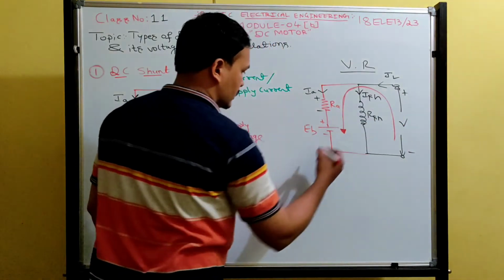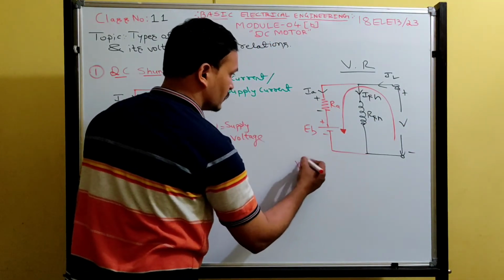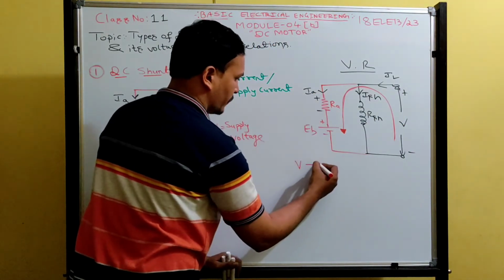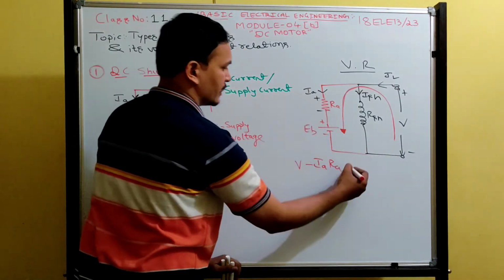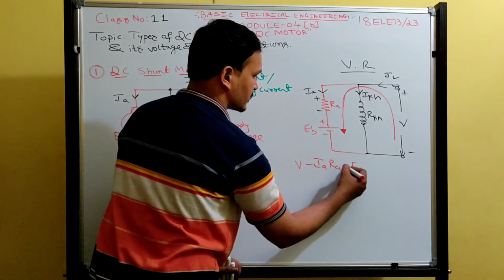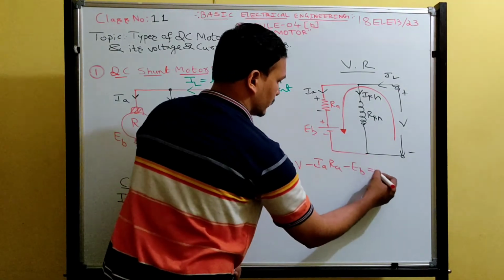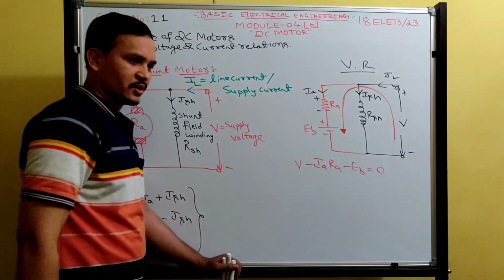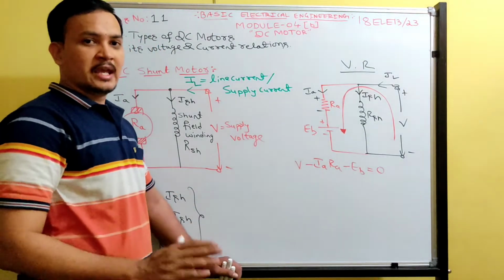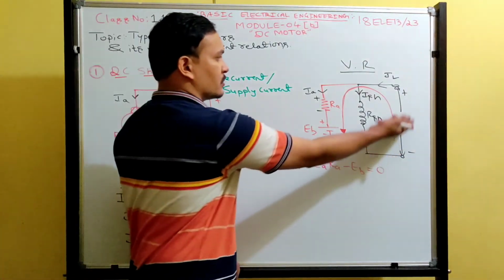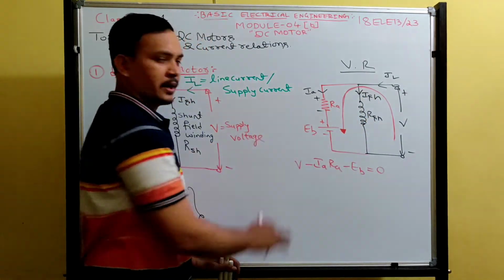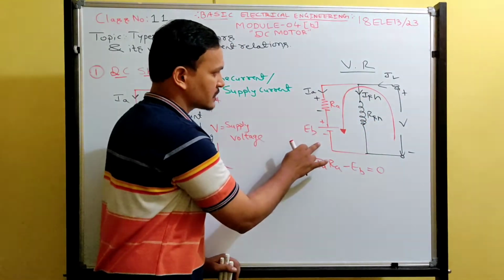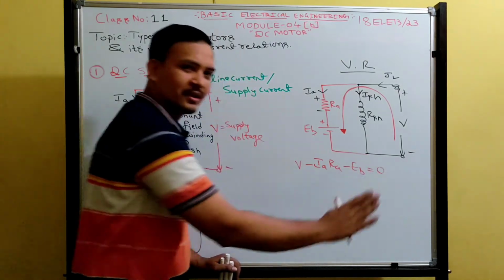Going from minus to plus is a rise, V, and plus to minus is a drop, minus IA RA, and plus to minus another drop, that is we have the EMF source here, minus EB, is equal to 0. What is this? KVL equation: in any closed circuit, the algebraic sum of all the EMF sources and individual potential drops, taken with proper sign convention, adds up to 0.